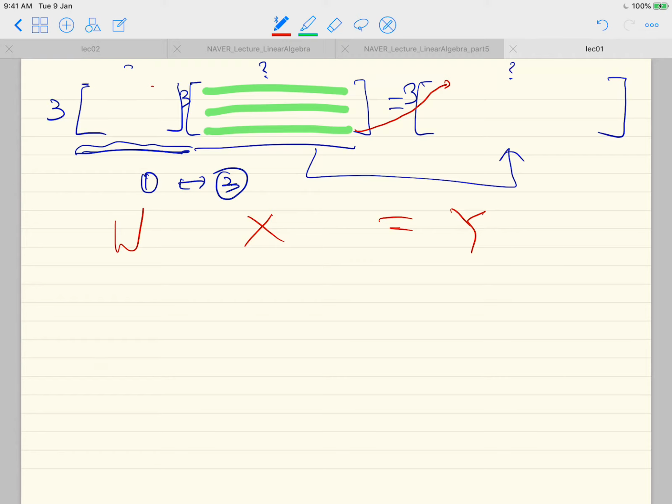What will be the corresponding linear combination coefficients? 0, 0, 1. And what about the second row? The second row didn't change at all, so we just apply the linear combination 0, 1, 0. And then 1, 0, 0 for the third row. So this is a row interchange.